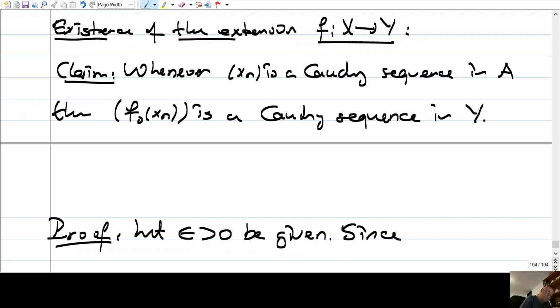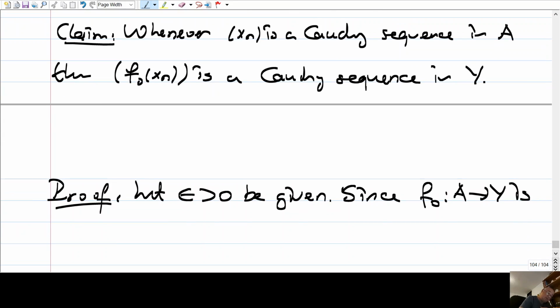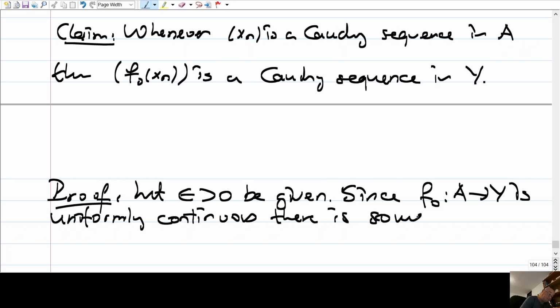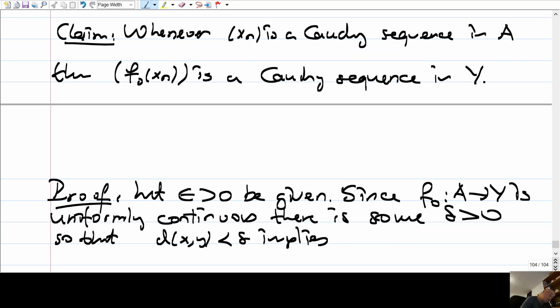Since f0 from A to Y is uniformly continuous, there is some delta positive so that d(x,y) less than delta implies rho(f0(x), f0(y)) is less than epsilon, right?